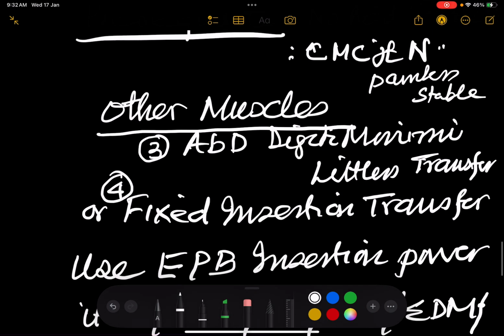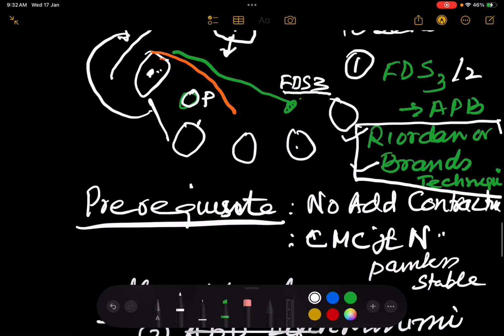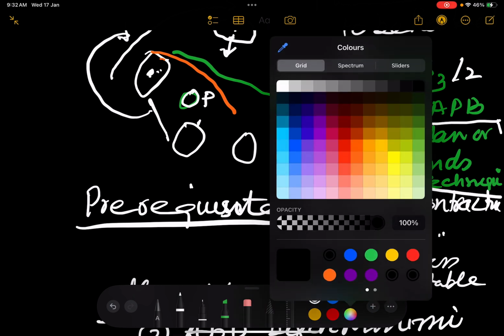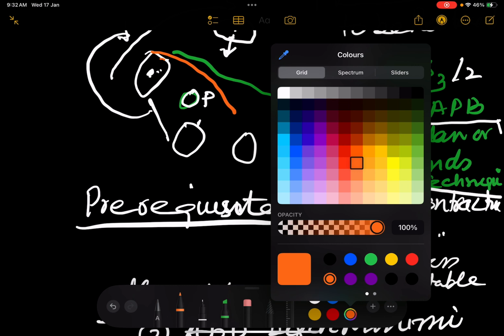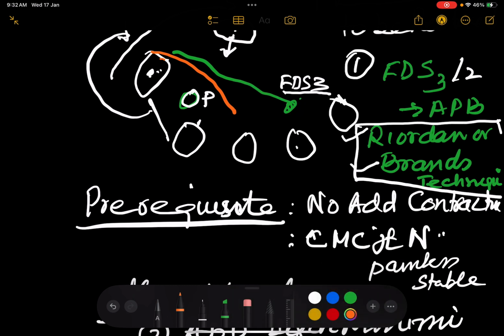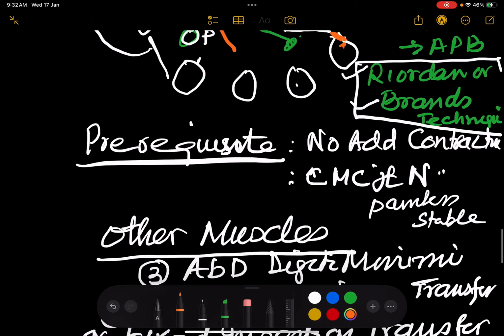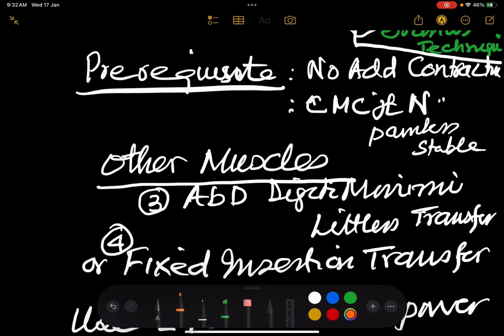Other muscles that can be used are abductor digiti minimi. Abductor digiti minimi can be used from here. This muscle can be detached from here and used as abductor pollicis brevis. The operation is called Littler's transfer.